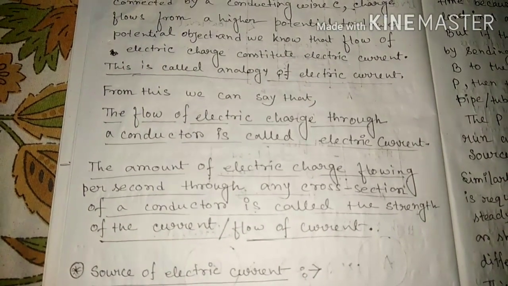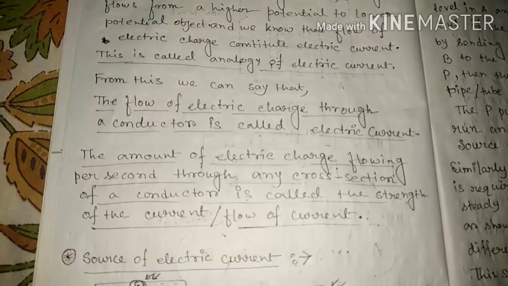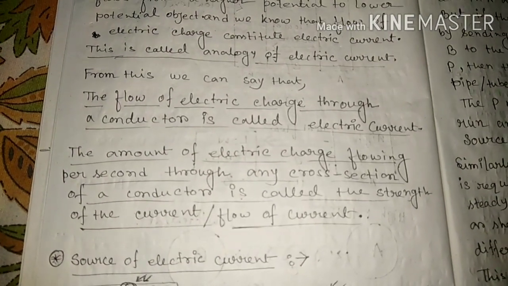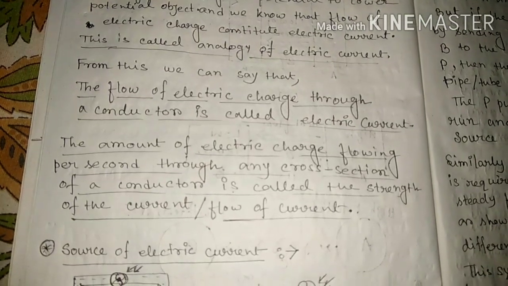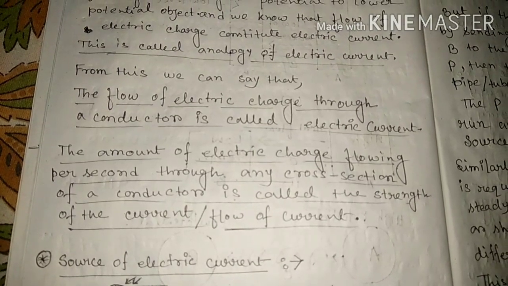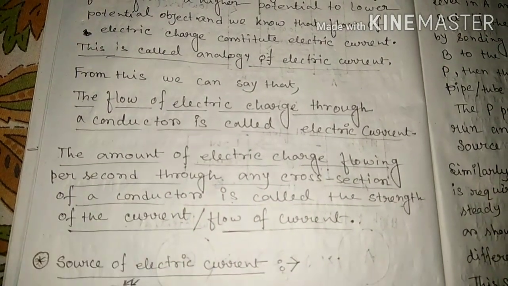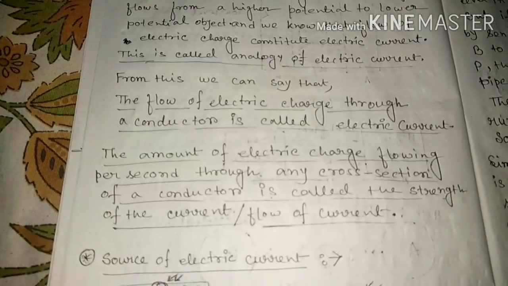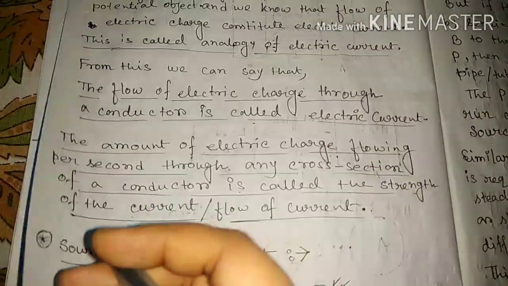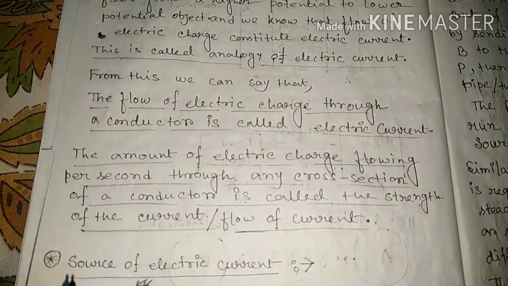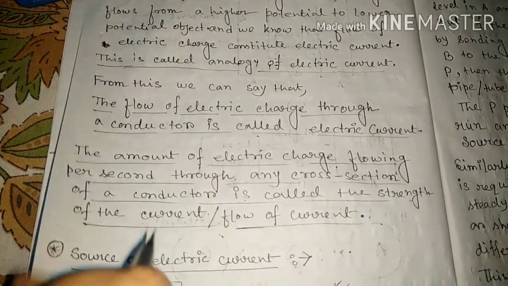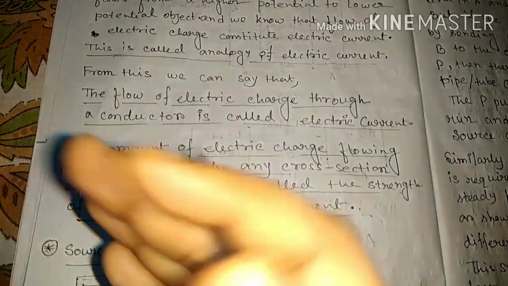So we can say that the flow of electric charge through a conductor is called electric current, and the amount of electric charge flowing per second through a cross-sectional area of a conductor is called the strength of the current. How much electric charge flows per second through that area measures the strength of the current. If 2 coulombs of charge flow per second, it constitutes 2 ampere.